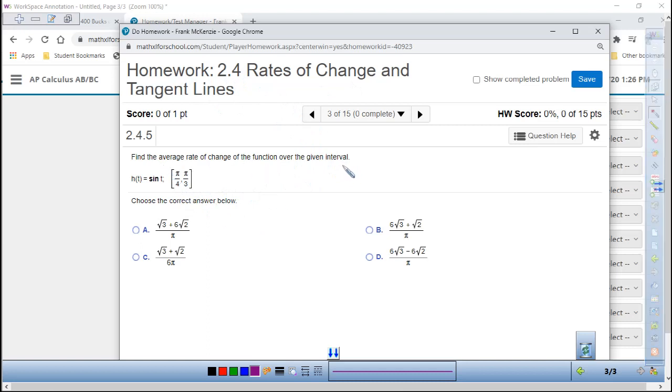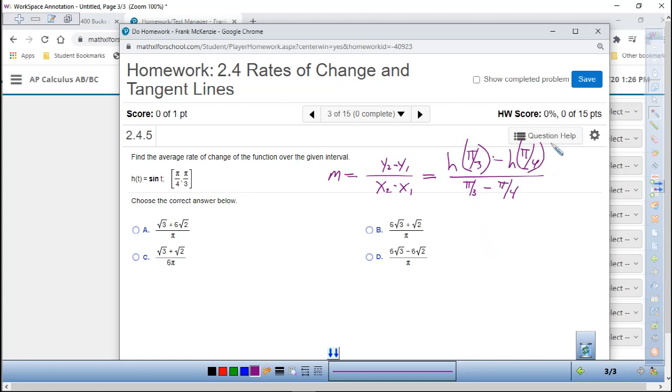Well, the average rate of change is still going to be y2 minus y1 over x2 minus x1, or also, remember it's nothing more than the slope. In this case we're dealing with h, so h of pi over 3 minus h of pi over 4, all over pi over 3 minus pi over 4.